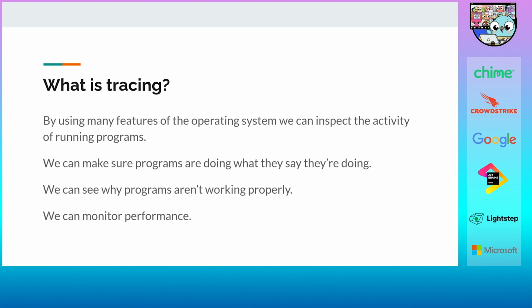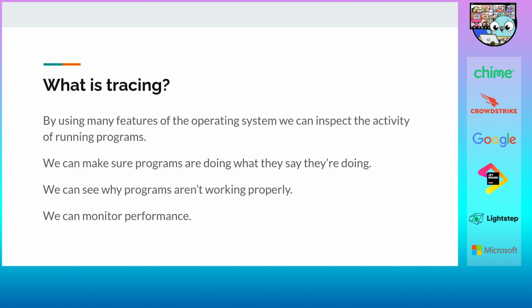I keep mentioning tracing. Let's talk about what tracing is. First up, I'm not talking about distributed tracing, which a lot of you may be more familiar with. I'm talking about system tracing. When I say I'm building a tracing tool, I mean I am building a tool to look under the hood at what particular processes are doing.